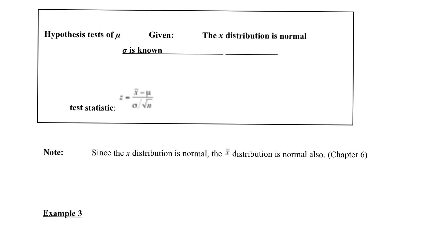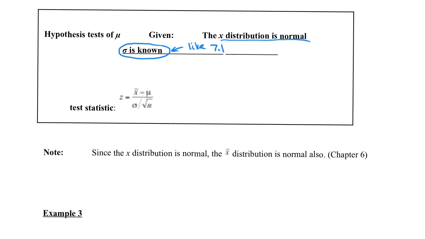So there's a couple of givens here. And one of these is going to look very similar to chapter 7. We are given that the X distribution is normal and also that sigma is known. You remember that was just like section 7.1. Chapter 8 is very much like a repeat of chapter 7 with a different idea.